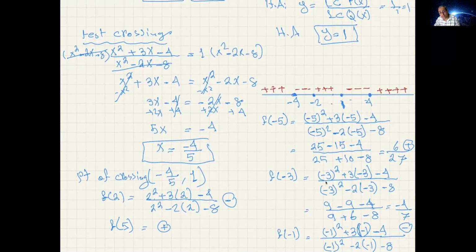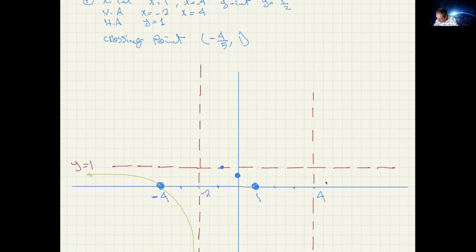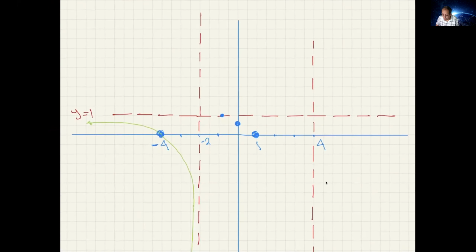And then from -2 to 1 is positive. But look at these 3 points here. I'm going to make this positive until it touches -1, but I have to go through these 3 points. So here is positive, I go from here to this point.